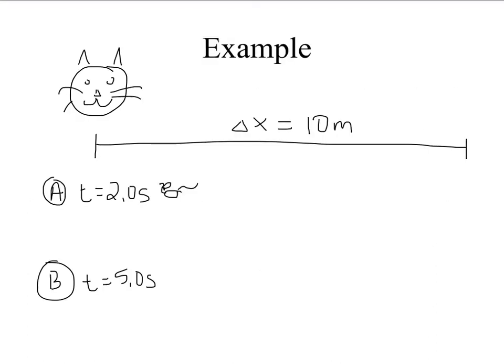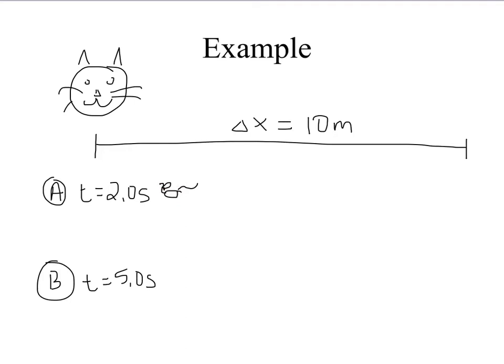So let's look at an example. We have a cat here, and he is going to be traveling a displacement of 10 meters. In the first situation, A, he travels that whole distance in 2 seconds because he's chasing this little mouse.